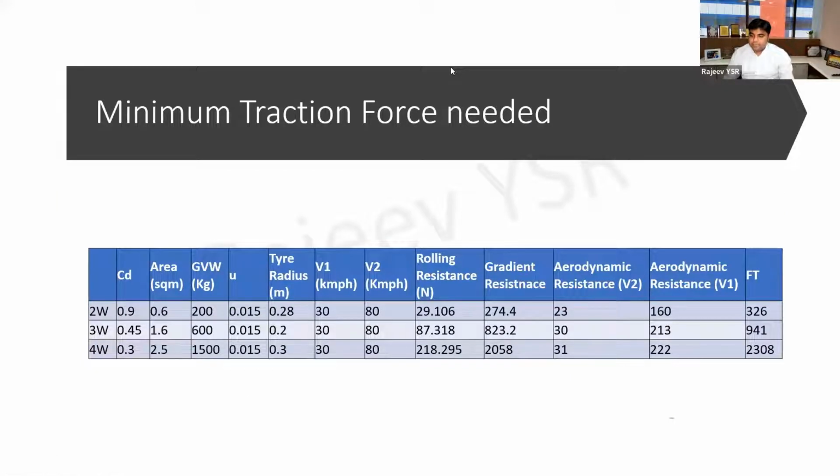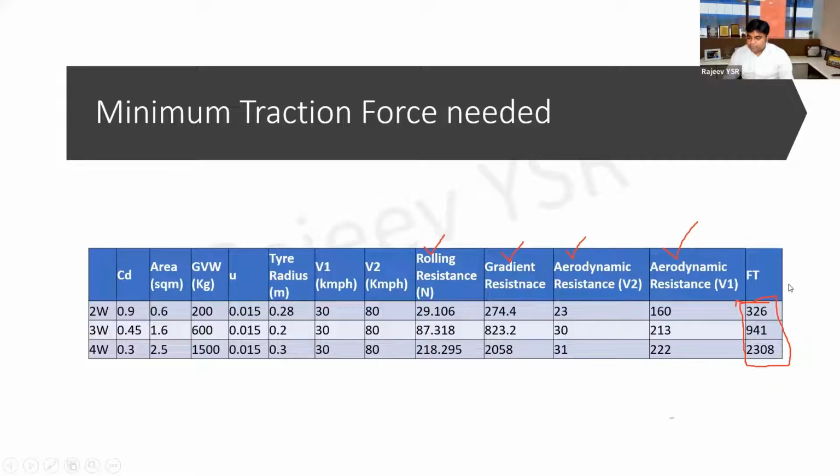Now let's arrive at this particular calculation. You have rolling resistance captured, gradient resistance captured, aerodynamics at lower velocity and at a higher velocity. So now, what is the traction force that is required to overcome these?